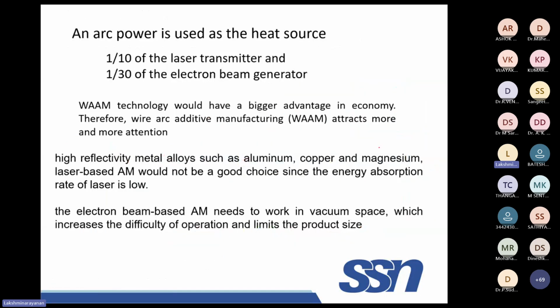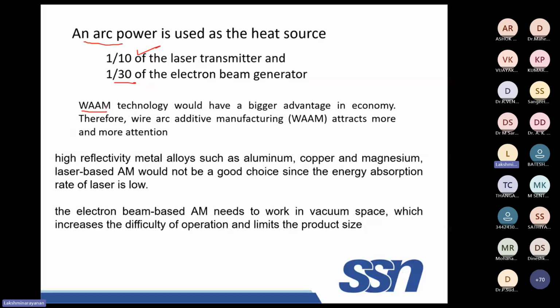Regarding the power source for metal additive manufacturing, when you consider arc power, laser is 1/10th and electron beam is 1/30th. The biggest advantage of WAAM technology is high volume deposition. Large components you can fabricate.